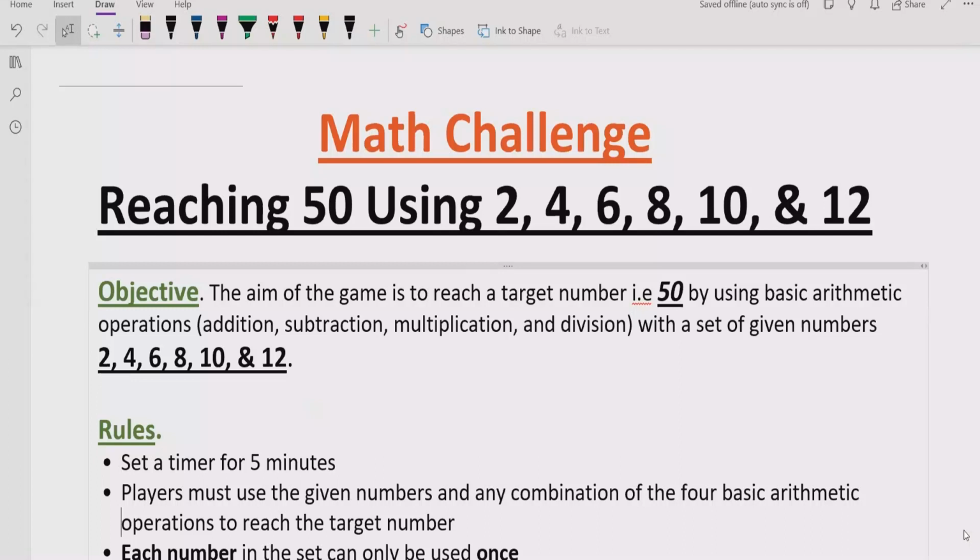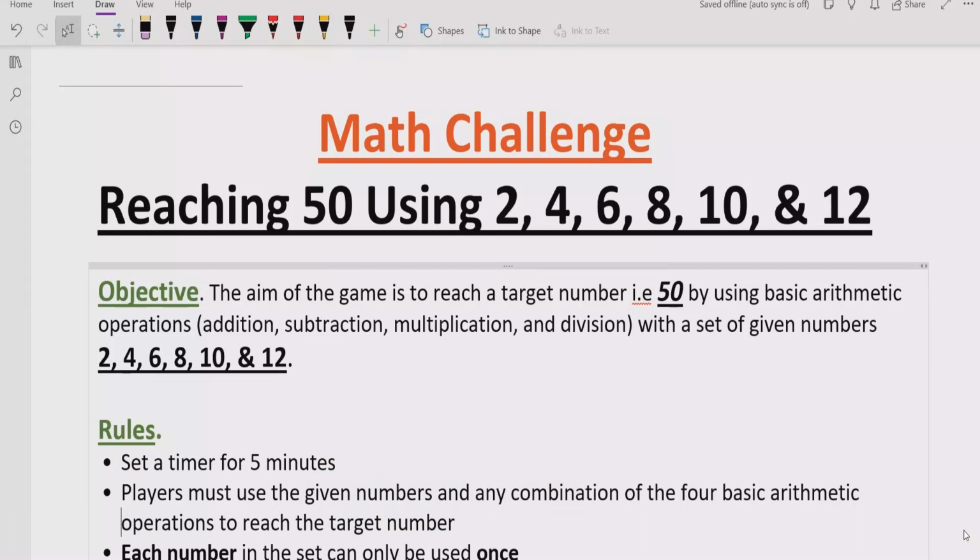Today we will solve a math challenge where we have to reach a targeted number, which is 50, using a set of given numbers. The objective of this game is to reach the targeted number 50 by using basic arithmetic operations: addition, subtraction, multiplication, and division.